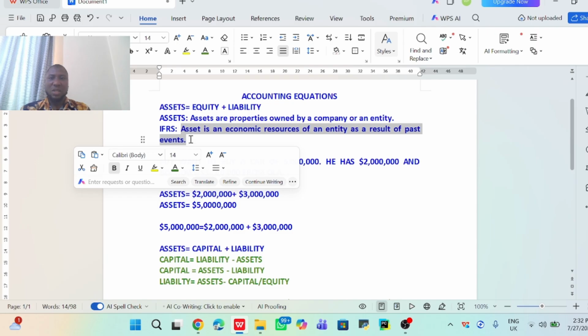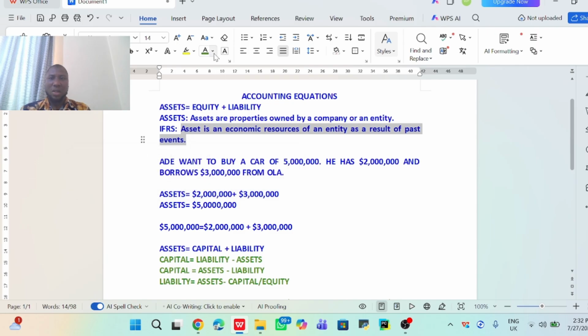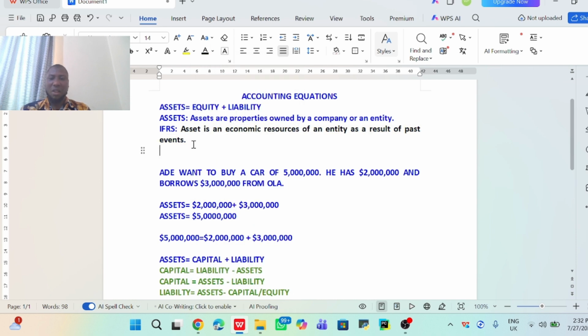This is the definition of an asset according to IFRS.